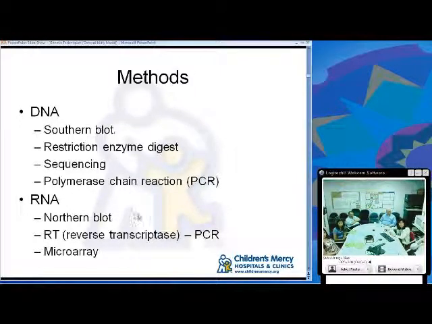So for DNA, the common methods that we use are Southern blot and restriction enzyme digest. We can sequence the DNA, or we can amplify it by polymerase chain reaction. For RNA, there's the Northern blot, which is similar to the Southern blot. There is reverse transcriptase PCR, and then microarray analysis.